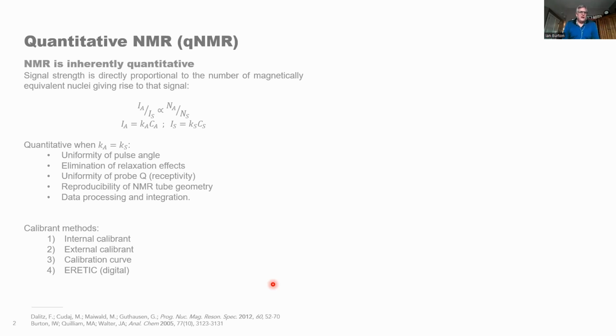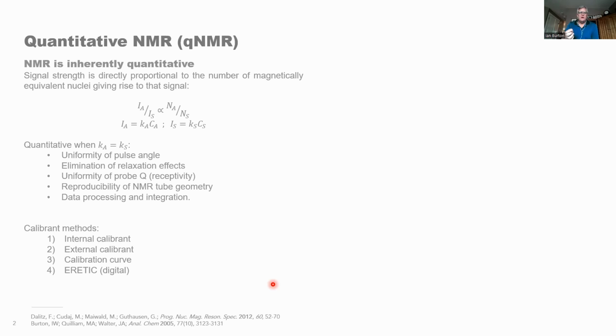And these are the quantitative conditions that we talk about: uniformity of pulse angle, taking into account relaxation, probe Q, or tube geometry, consistency in data processing and integration. This all applies to low field and high field.